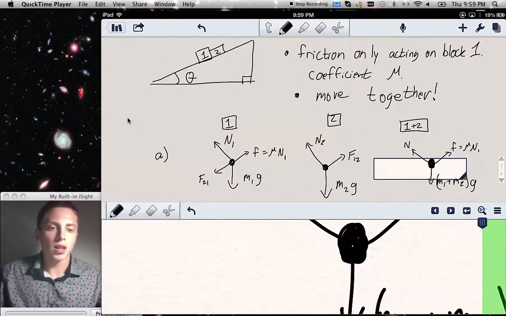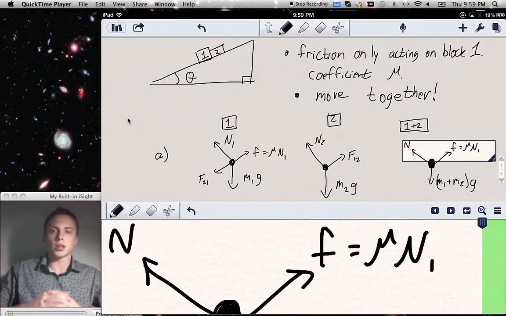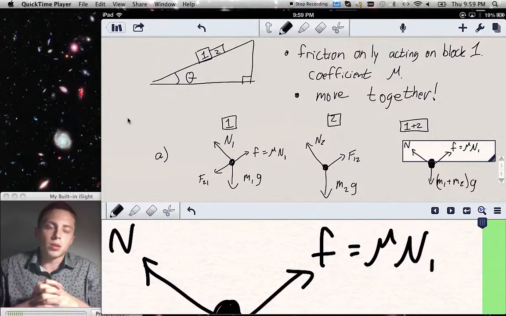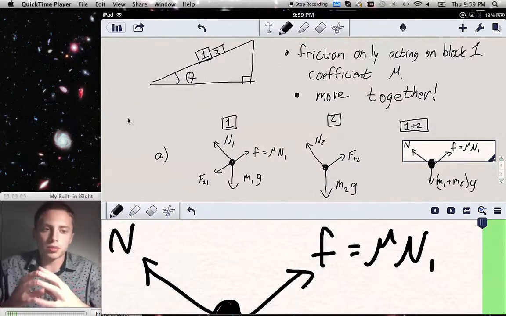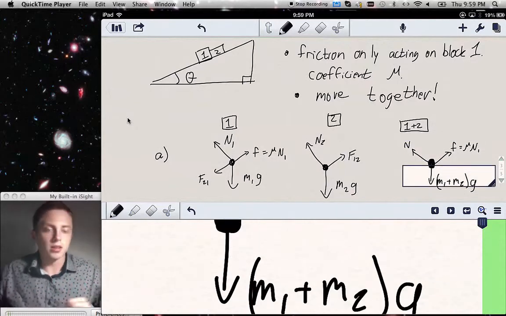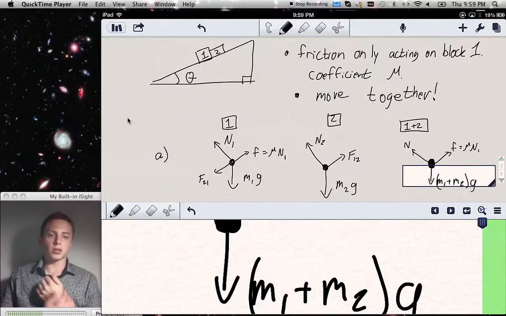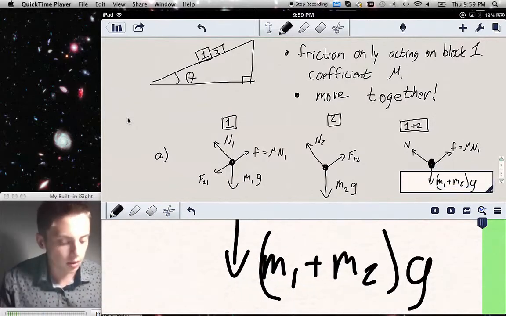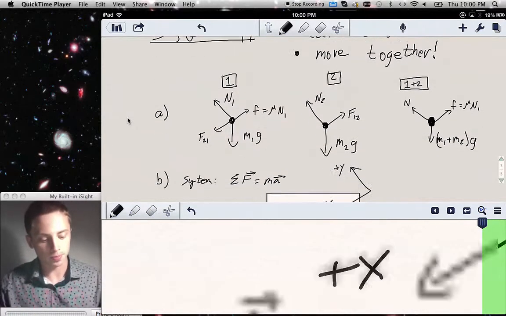The friction force is still just the friction force due to block 1, so on this whole body, it will be that friction force mu N1. Lastly, there's the influence of gravity on this total system, which has a total mass of m1 plus m2, so our gravitational force is (m1 plus m2)g.